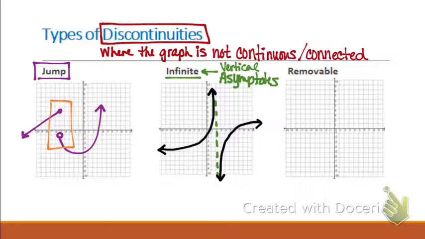This is an example of an infinite discontinuity, but so is this. It does not matter if they're going opposite ways or the same direction. They're never going to cross that invisible barrier, and they're never going to connect. And it always heads either up or down as we approach that.